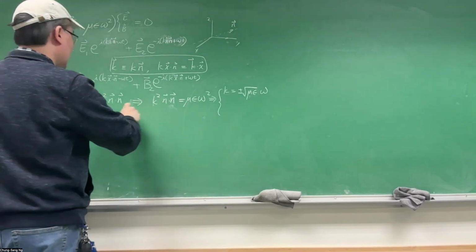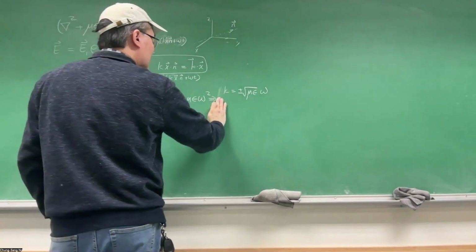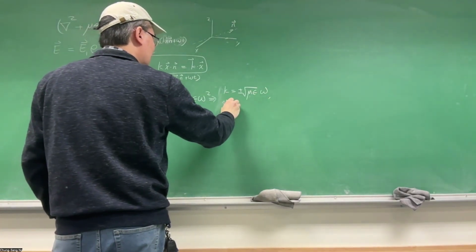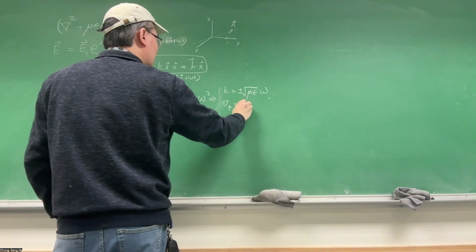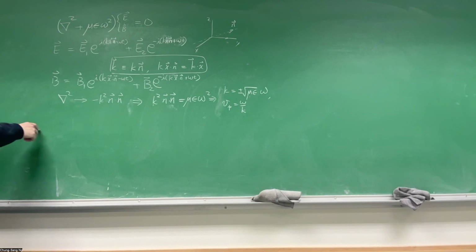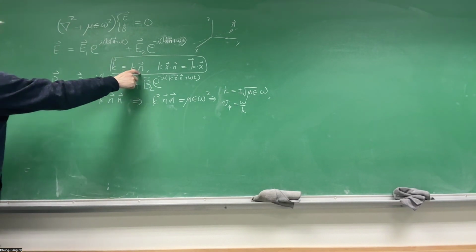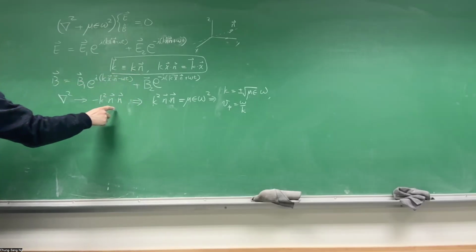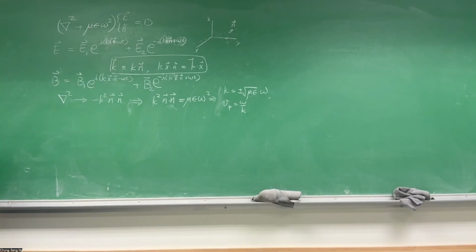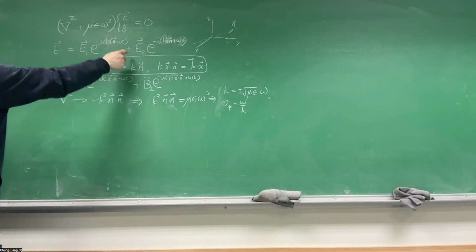Okay, so far we have gotten back to what we had. The phase velocity is still omega over k. That is the same, but we are using a more general expression for the coordinate in the phase, x dot n, instead of x.